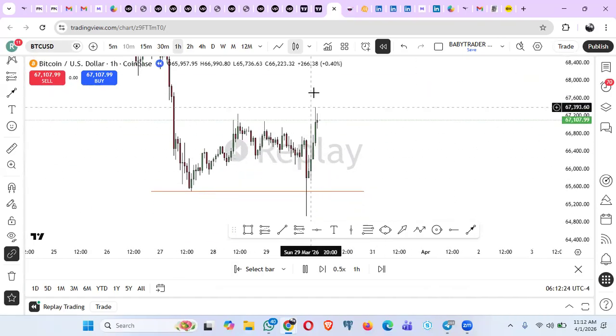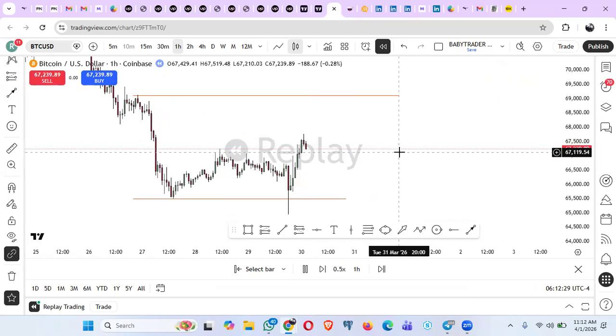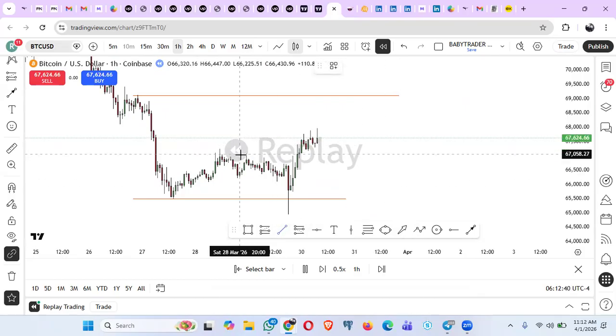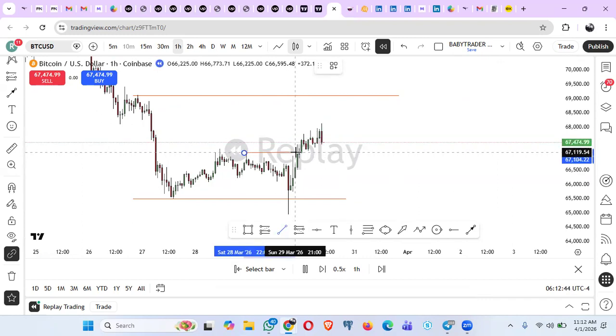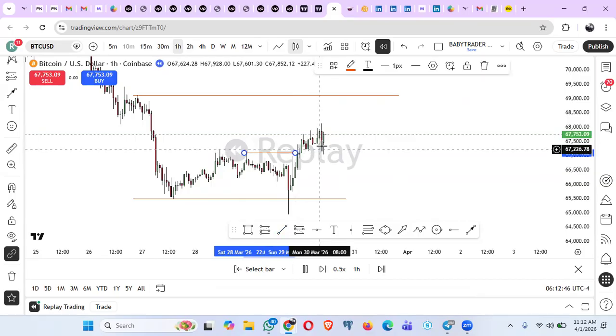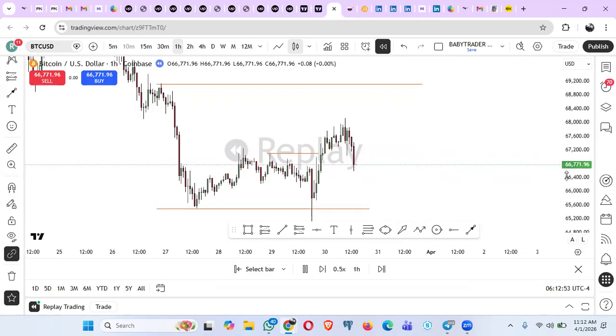So the impulsive push now, we need to see the correction leg. If you pick this one as your impulse, correction, impulse, no problem, it is good. So let's continue and see what price wants to do.